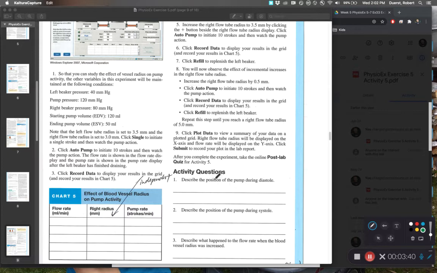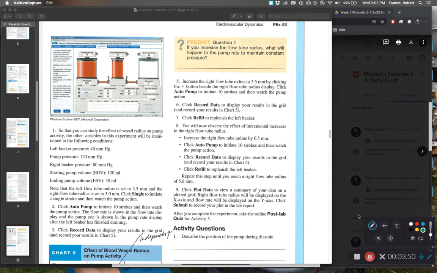So let's talk about the position of the pump during diastole. That pump in the middle represents the heart. During diastole the heart is relaxing, and the pump will be at the top. So the piston in the pump will be elevated. As it's pictured right here, this is diastole.